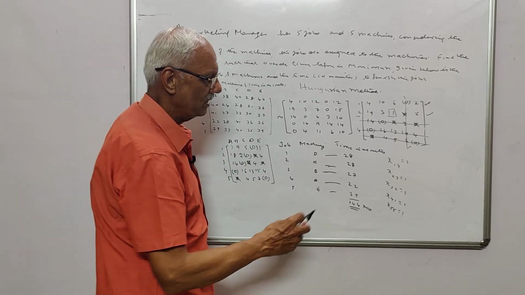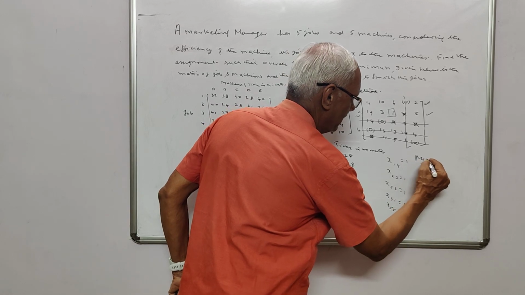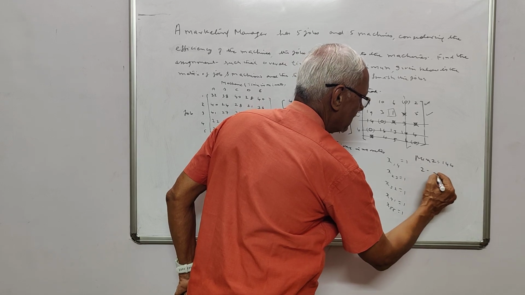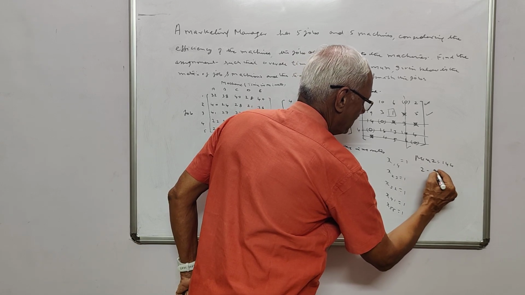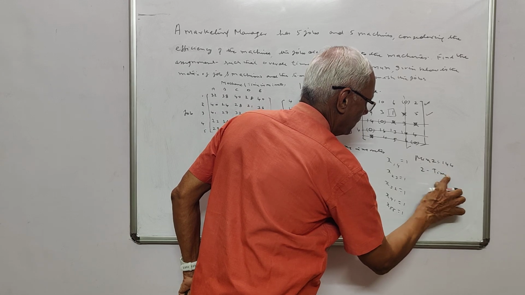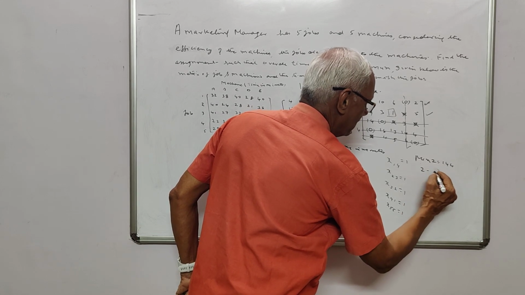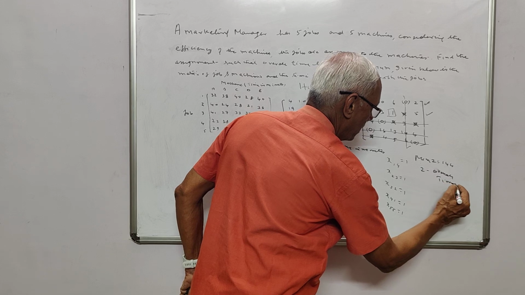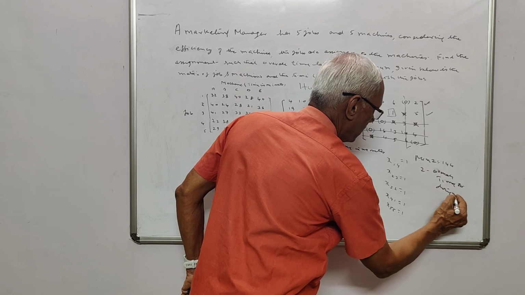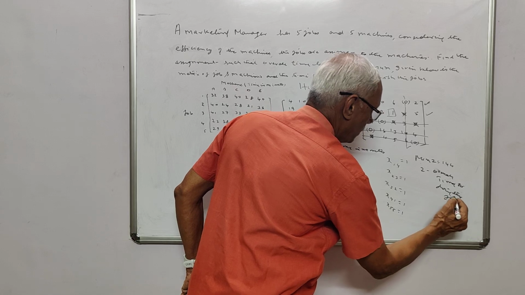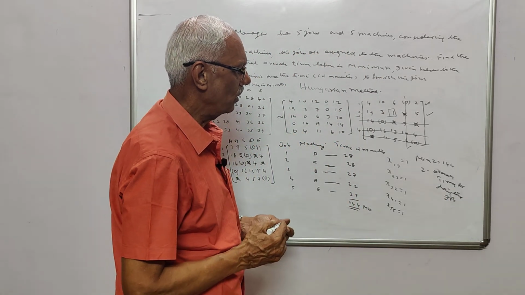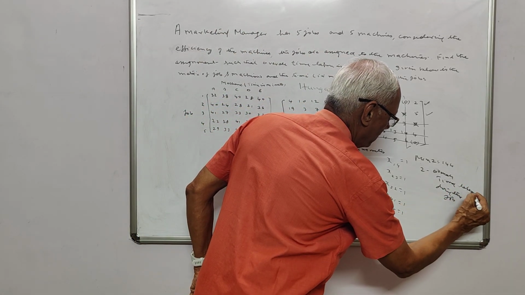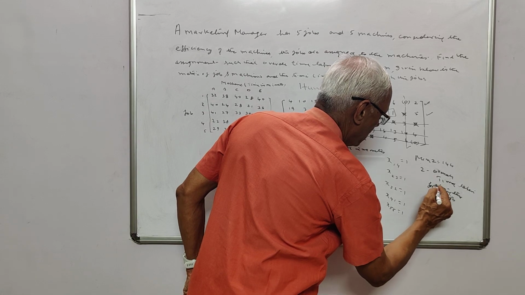So you must write this: minimum of Z is equal to 144. This Z is the overall time taken for doing the jobs.